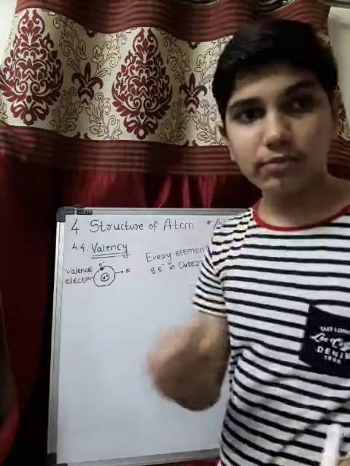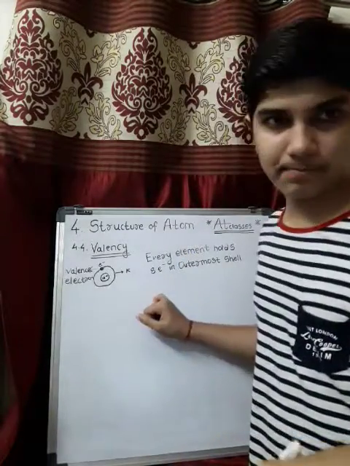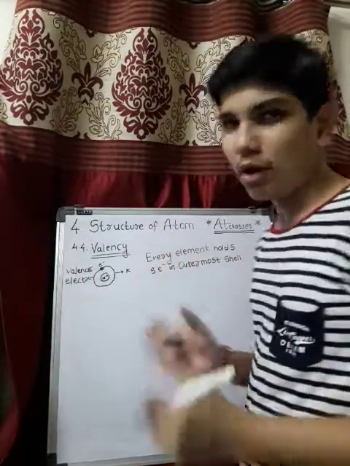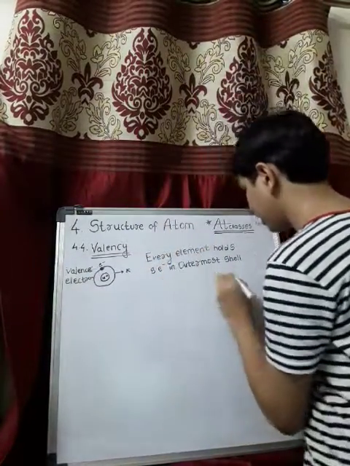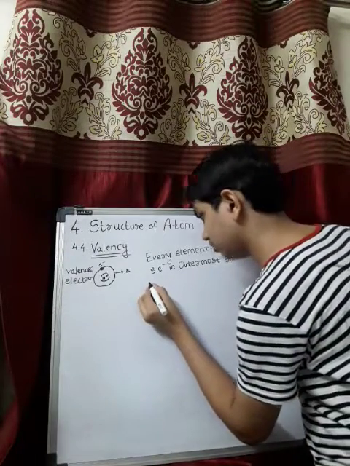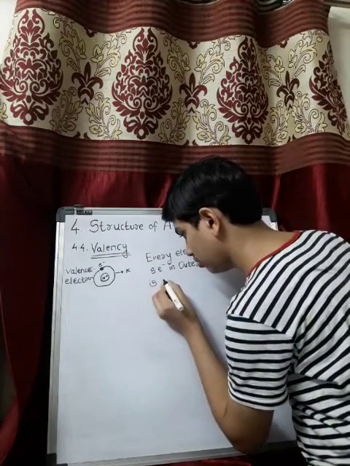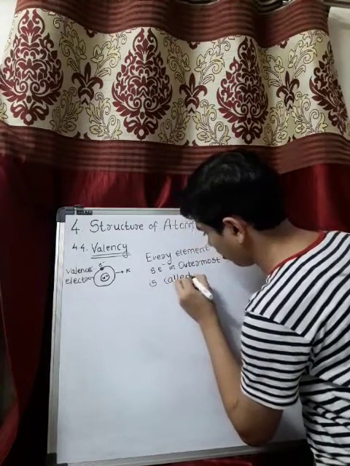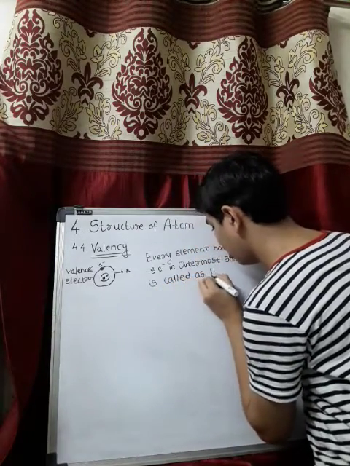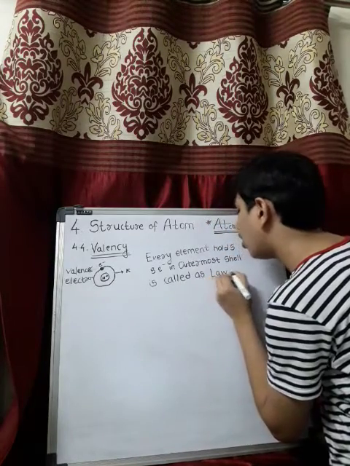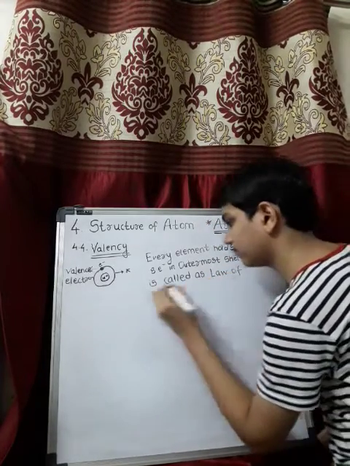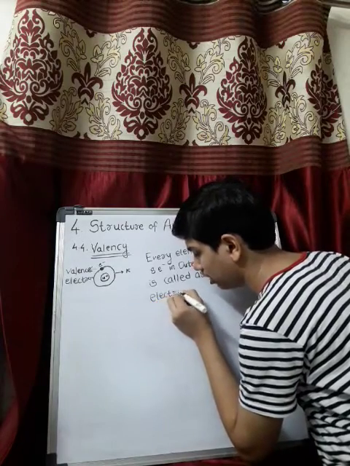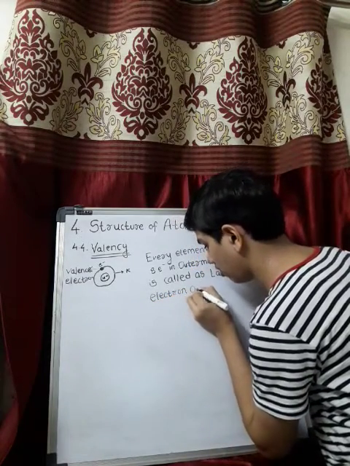Now in the outermost shell, this property is called the law of electron octet.